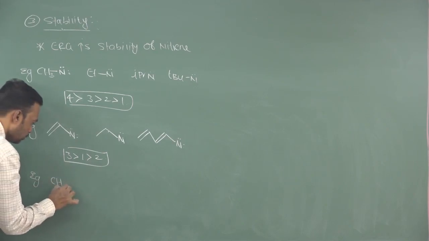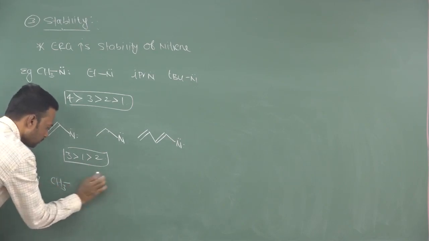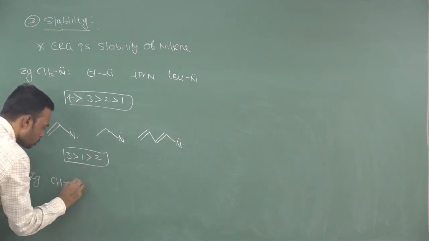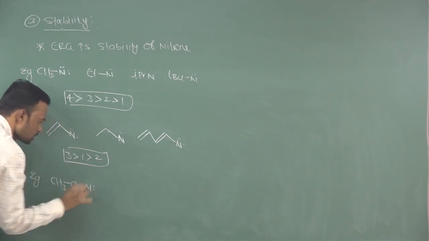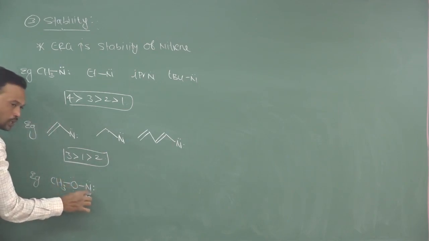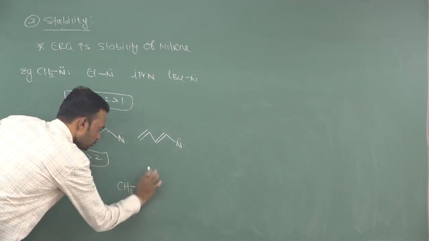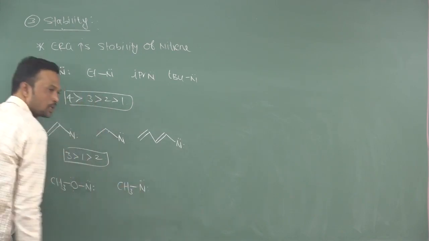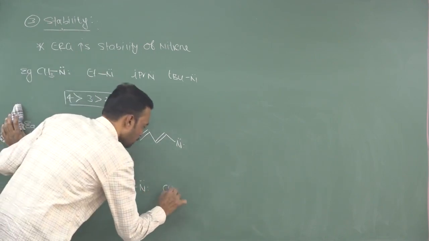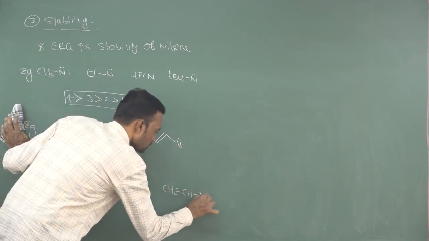Now see, when a mesomeric group attaches to nitrogen, this mesomeric group has a lone pair of electrons, and the empty p orbital is present. Next CH3 attaches to nitrogen. Then a carbon-carbon double bond attaches to nitrogen. So which is more stable?